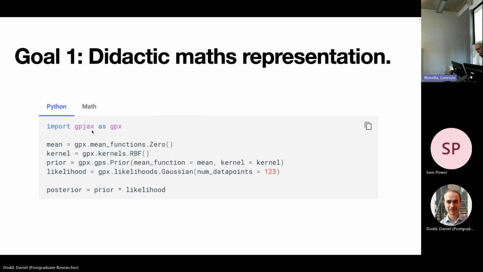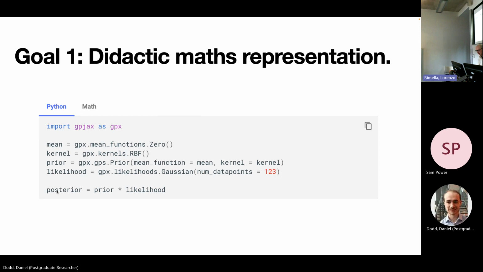So for instance, I've got some code in GPJax here. We've got a mean function and a kernel to define a Gaussian process on. Here we can create a Gaussian process prior, and we can create a likelihood.